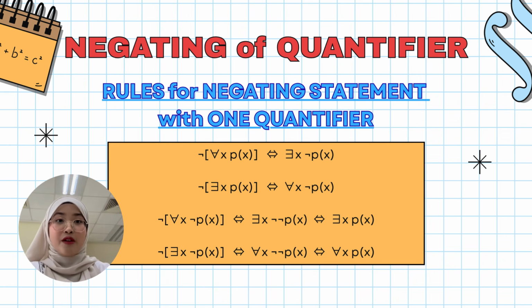First, not for all x P(x) is equivalent to for some x not P(x). Second, not for some x P(x) is equivalent to for all x not P(x). Third, not for all x not P(x) is equivalent to for some x not not P(x), and if we simplify, we get for some x P(x). And lastly, number 4, not for some x not P(x) is equivalent to for all x not not P(x), and again, if we simplify, we get for all x P(x).